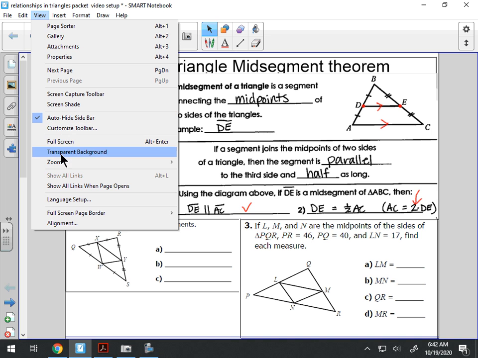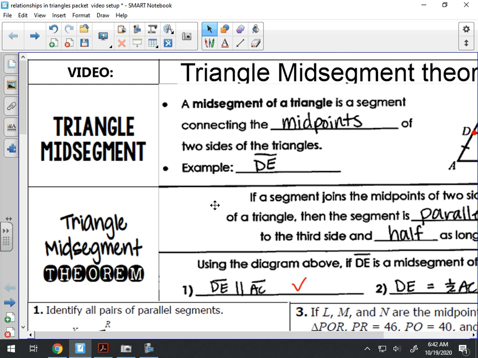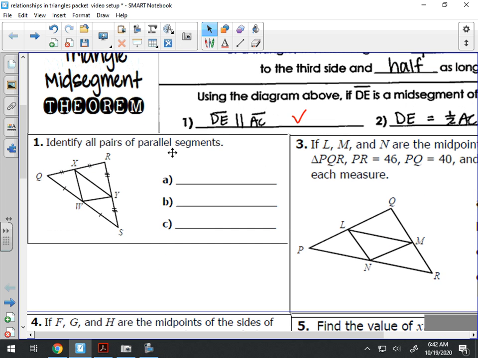Alright, so let's zoom in here. Identify pairs of parallel segments. So I'll just give you one of these and move on. Let's look at segment WX. I'm just picking one of these. It is parallel to the side it doesn't touch.